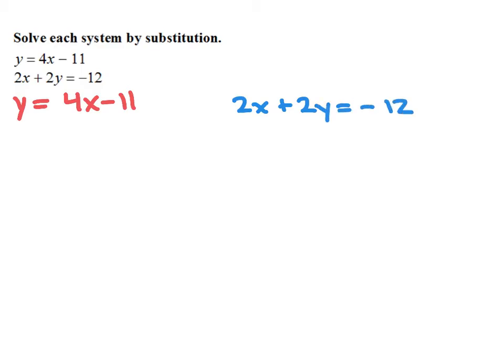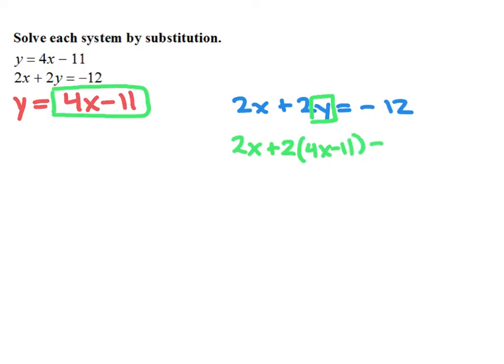Since y is already by itself, I can take this entire expression of 4x minus 11 and substitute it in for y in this equation. So I'll have 2x plus 2 times 4x minus 11 equals negative 12.